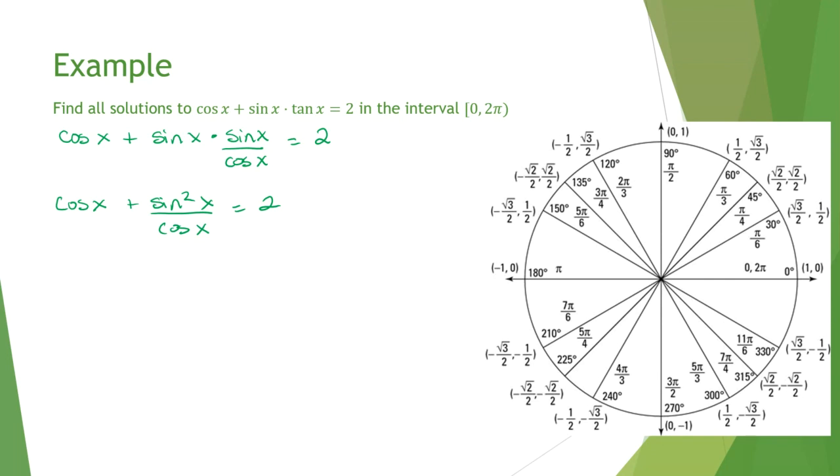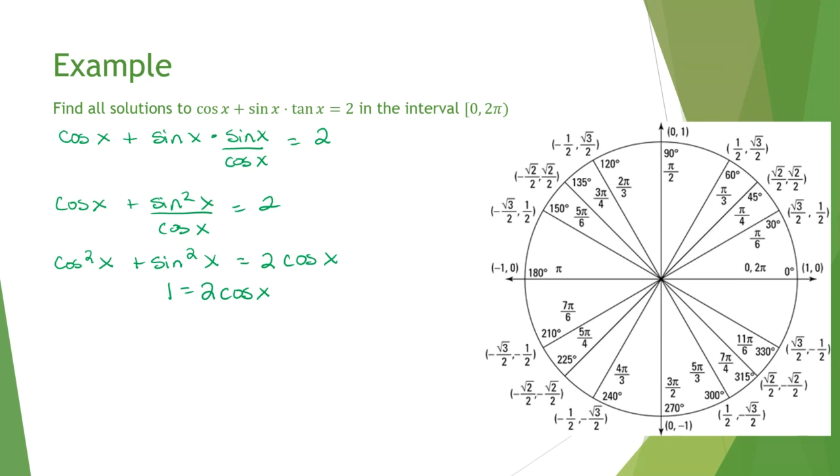So if we do that, we get cosine squared x plus sine squared x equals 2 cosine x. Now cosine squared plus sine squared is the Pythagorean identity, where that equals 1. So this gives us 1 equals 2 cosine x.